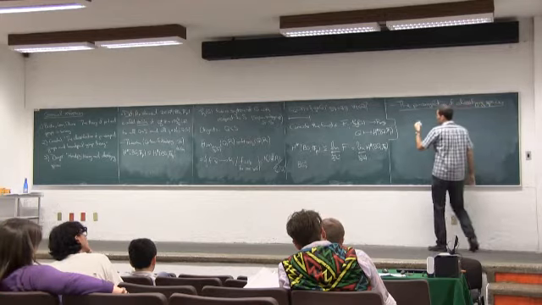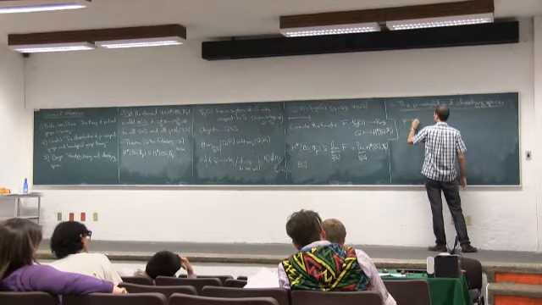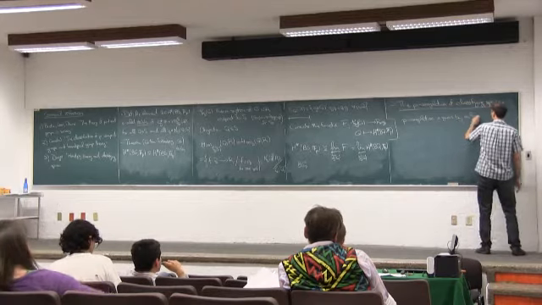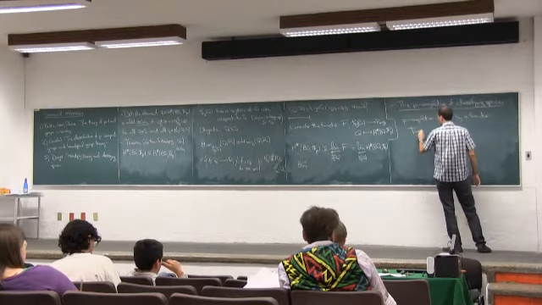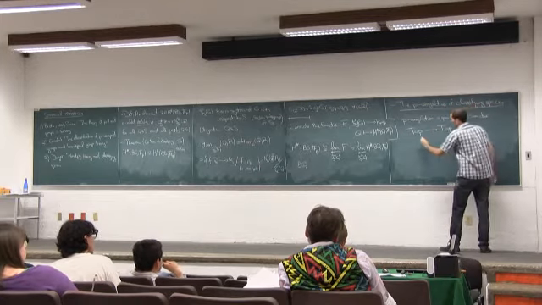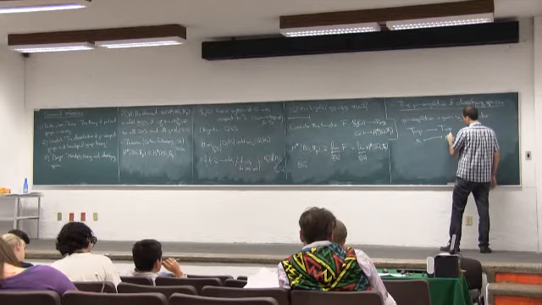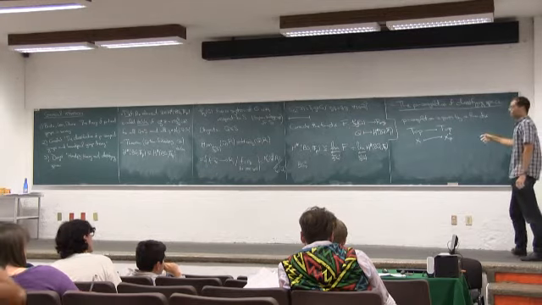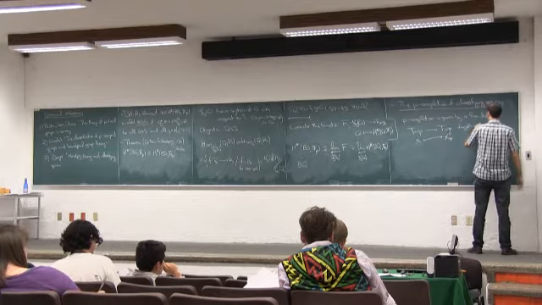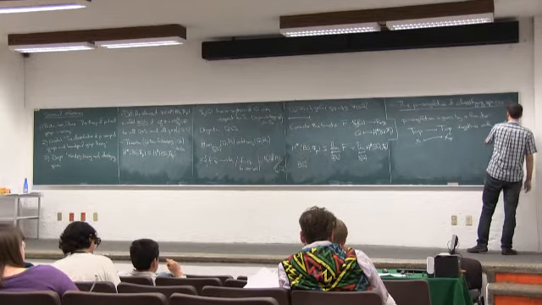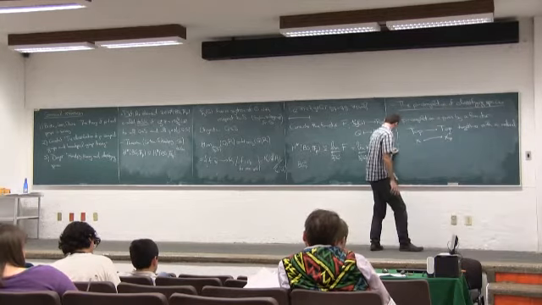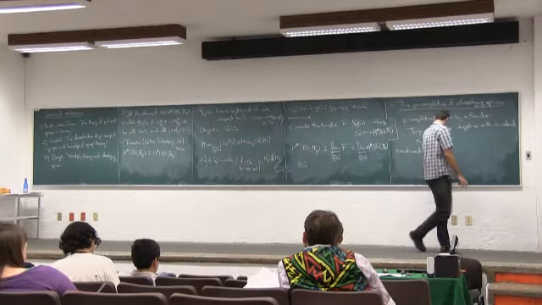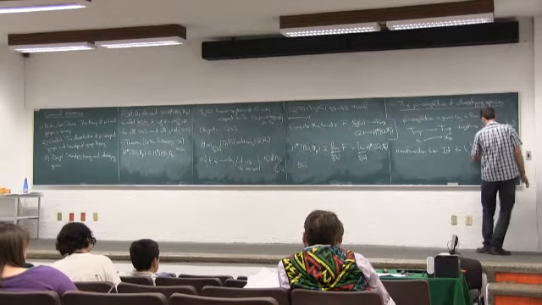So what is P completion? P completion is given by a functor from topological spaces to topological spaces that to a space assigns another space denoted like that, together with a natural transformation from the identity to this functor.